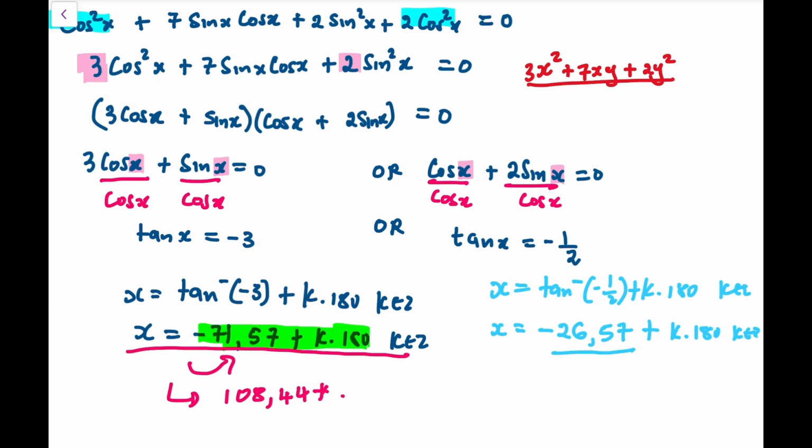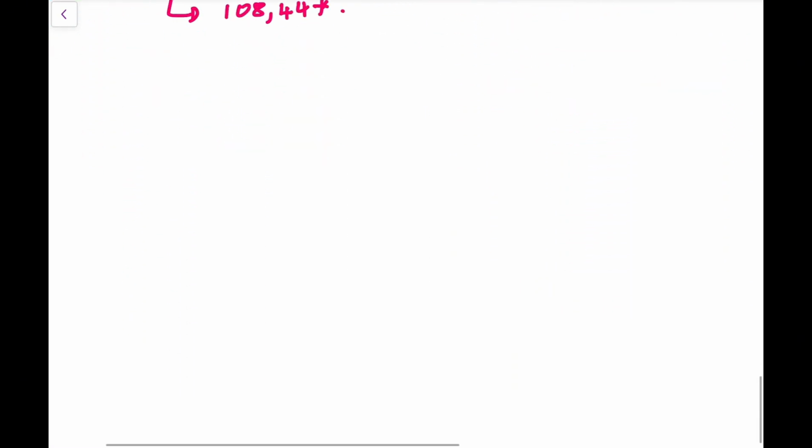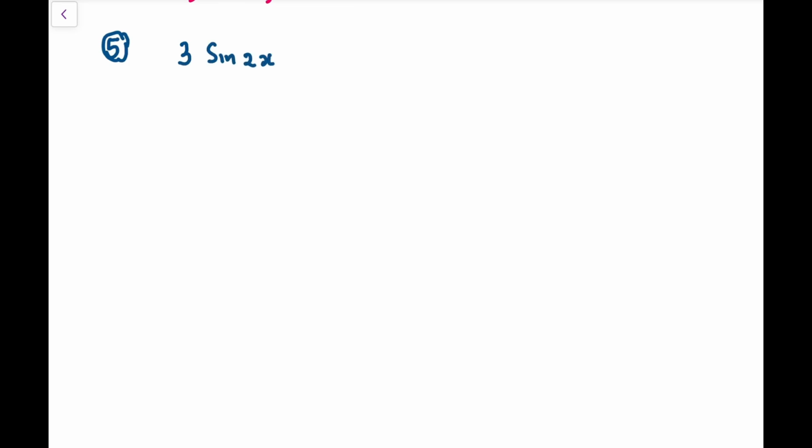Let's go to example 5. Number 5, we are given 3 sine 2x minus 2 sine x is equal to 0.